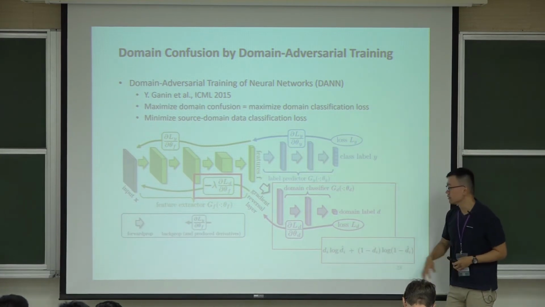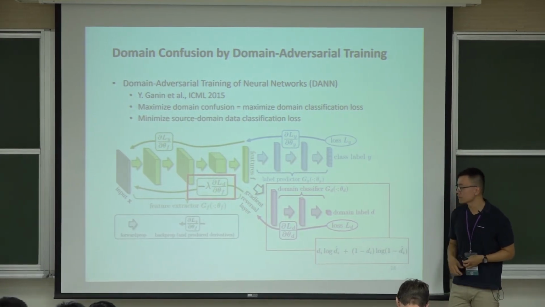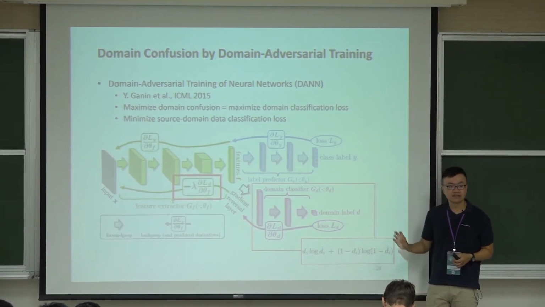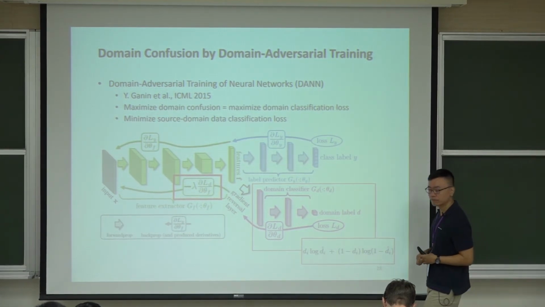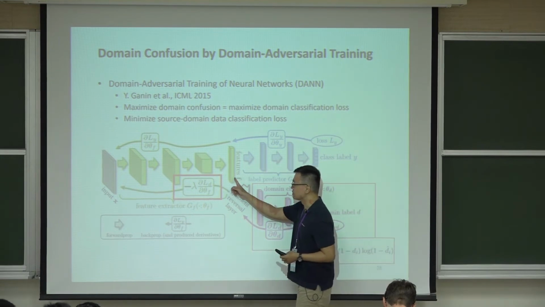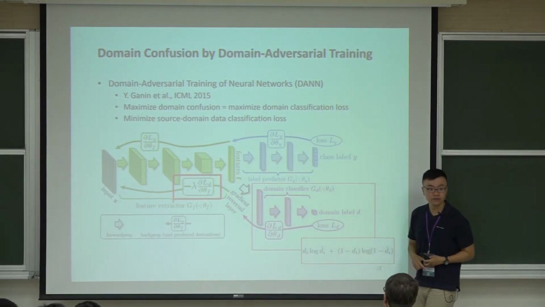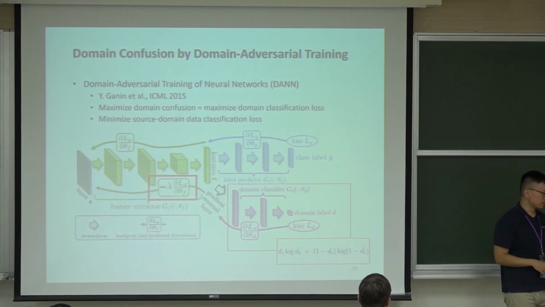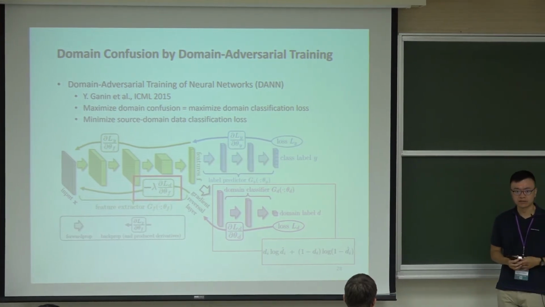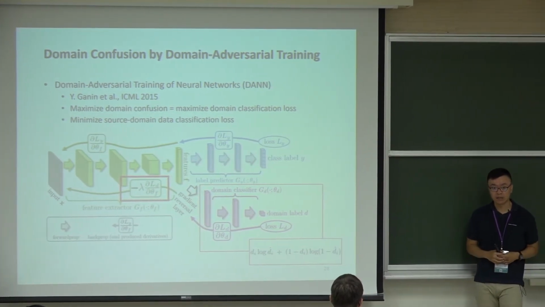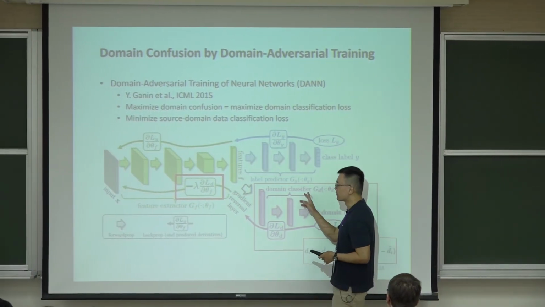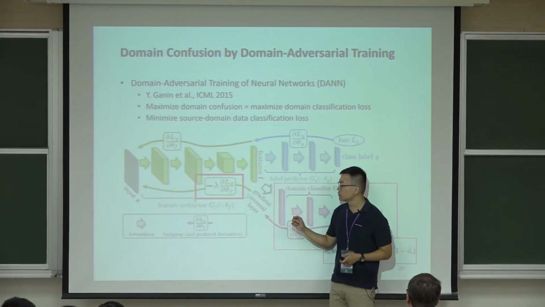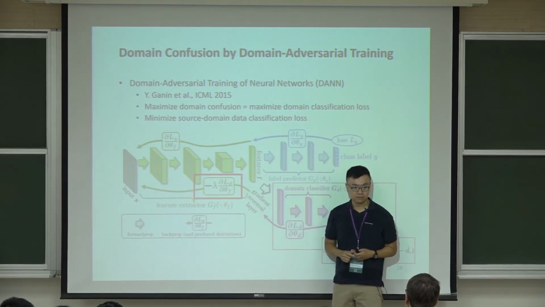And that is why for the domain classifier, they do not do standard backpropagation. What did they do? They want to confuse this green part. They want to confuse your feature. They do not want to tell the difference between source and target domain data if they are of the same type. So when they do the gradient descent, they do a gradient reversal.